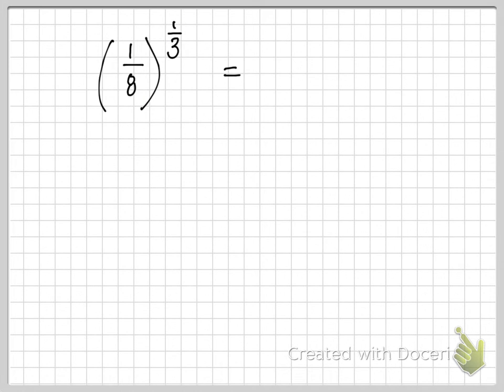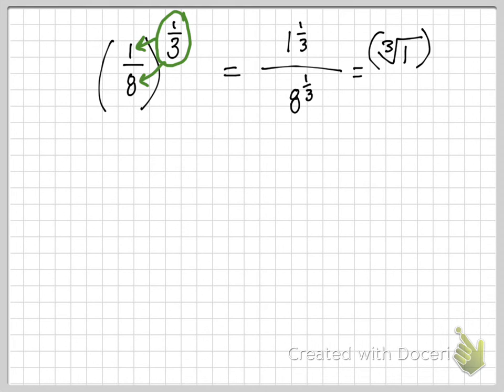Okay, simplify this. Just do it the same way that we just did it. We should be giving this exponent to both the numerator and to the denominator. All right, what did we get in our numerator? 1 to the 1/3 over 8 to the 1/3. Right, exactly. Cube root of 1 to the first power.